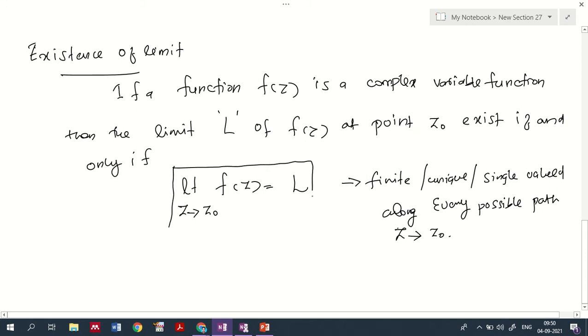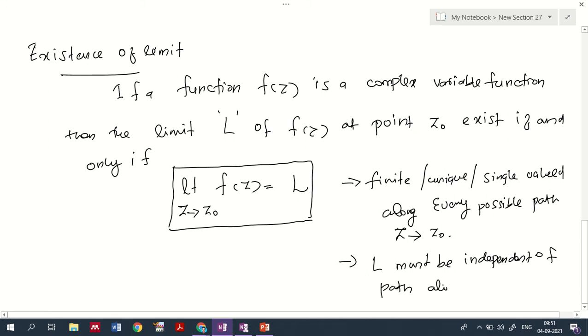Whenever you check whether the limit exists or not, the limit f of z as z tends to z0 should be equal to L, where L is the limit. Or rather we can also say that this L must be independent of the path along which z tends to z0.